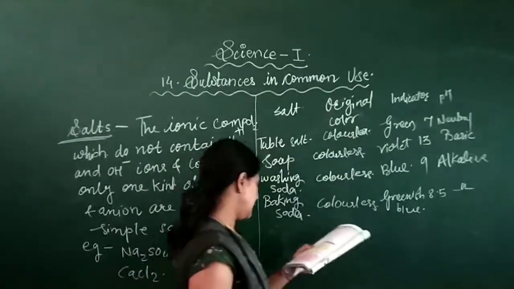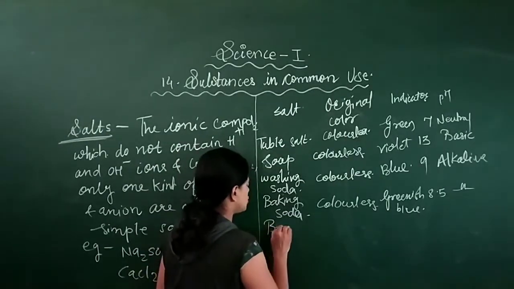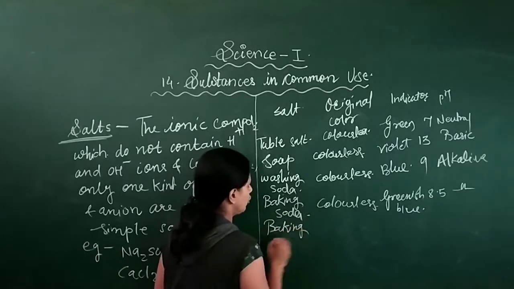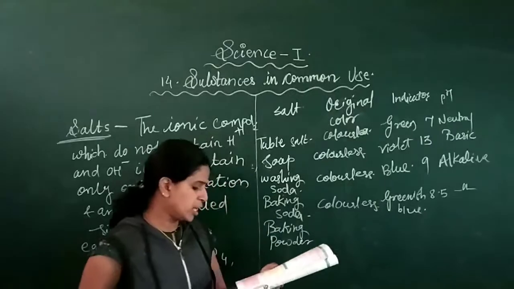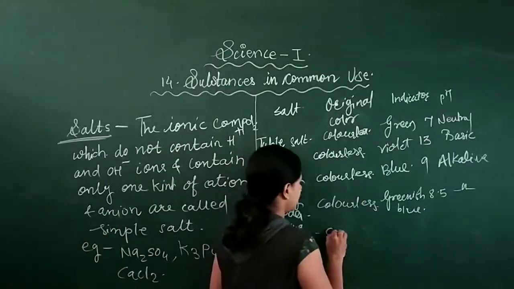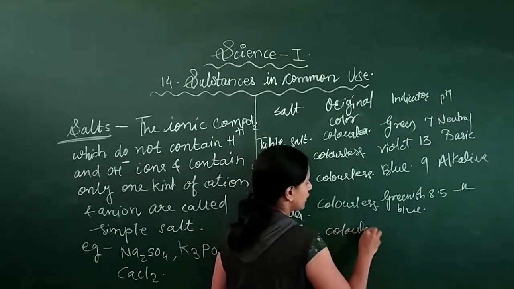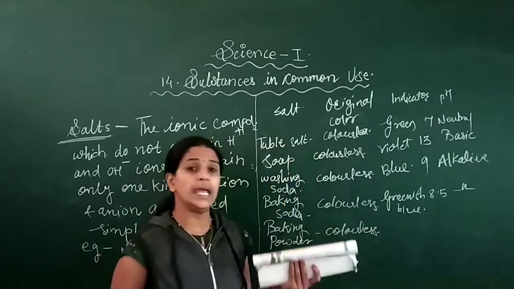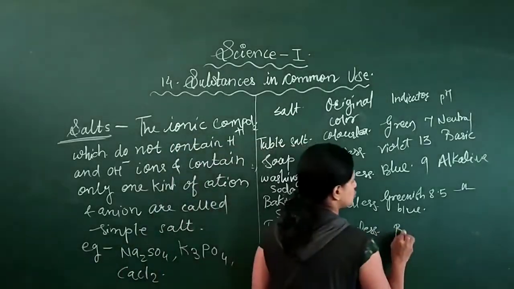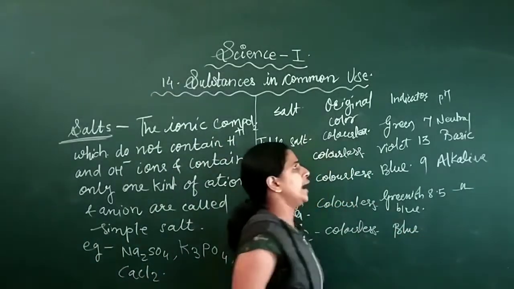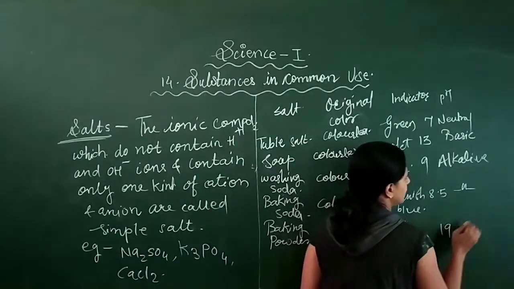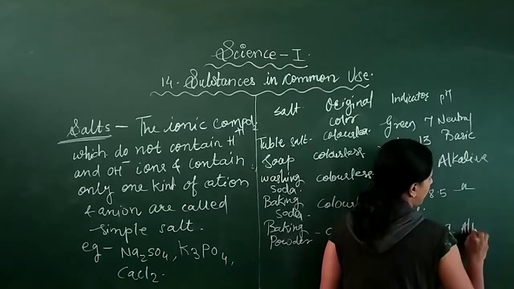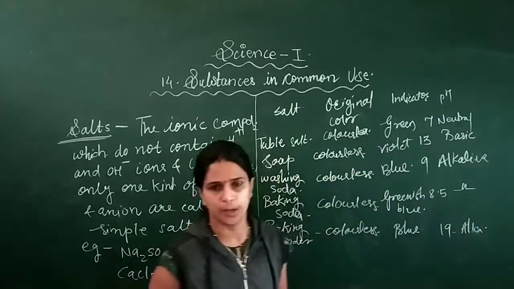Then the next is baking powder. This is also used for baking; baking powder is used for making cakes. This baking powder is again colorless. When we put the indicator, it becomes blue in color, and the pH value is 19. For that reason, it is again alkaline in nature.